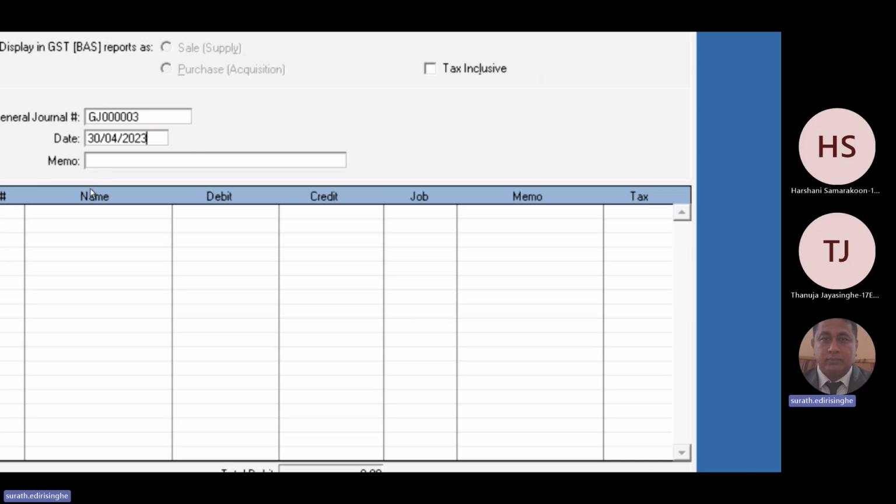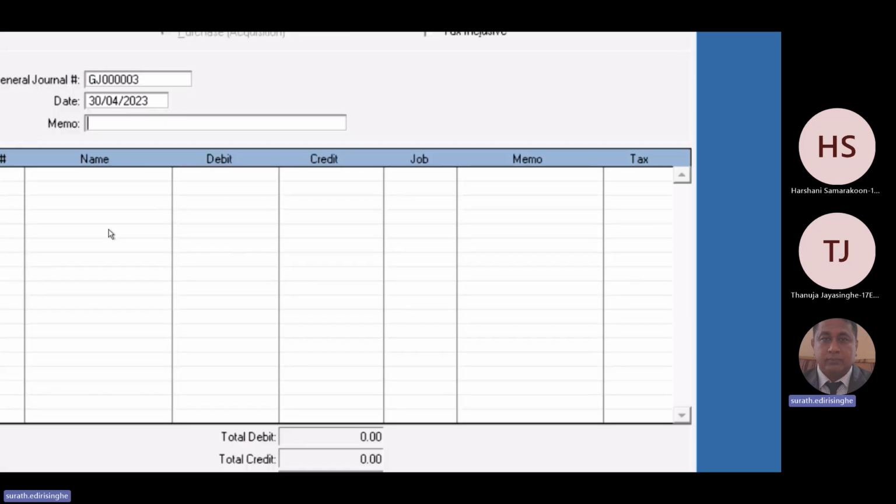Date April 30th, 23. Give the memo number here. Instead of a number, now I am giving electricity. Identify the expenses: electricity dash, you put April 23.